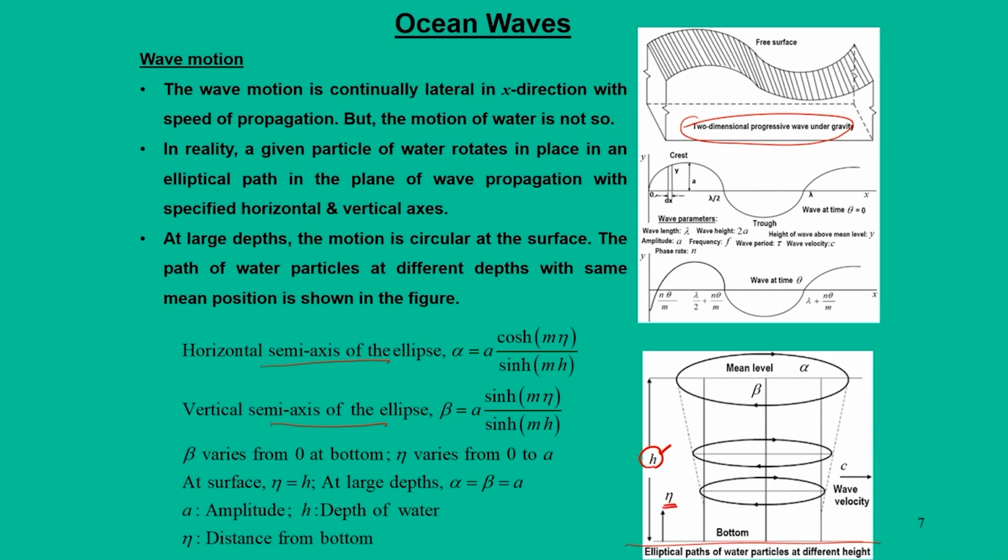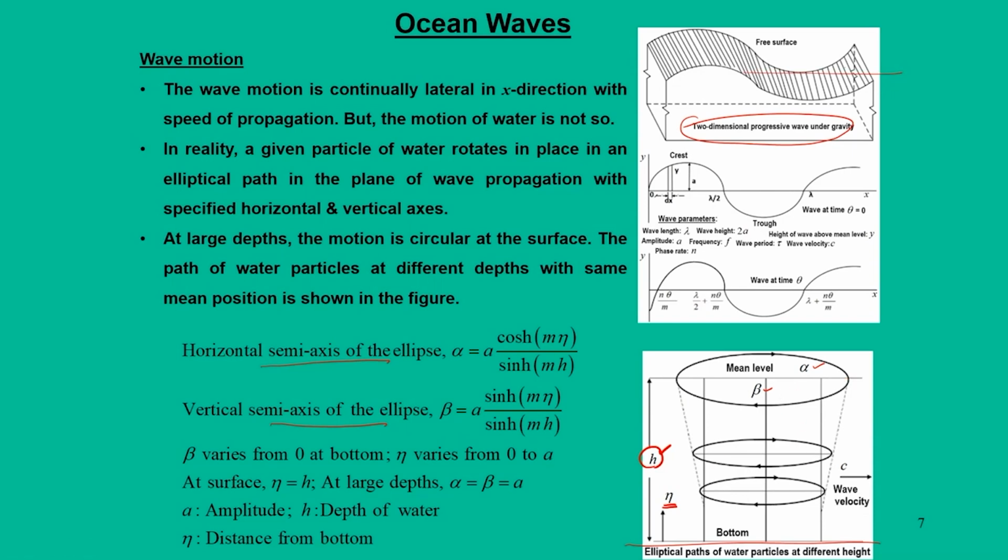So basically the entire height is covered with a sinusoidal wave, but the motion of the water particle is mostly elliptical. Looking at the wave on the surface, it has an elliptical path with major axis alpha and minor axis beta, measured about the mean level of the wave.